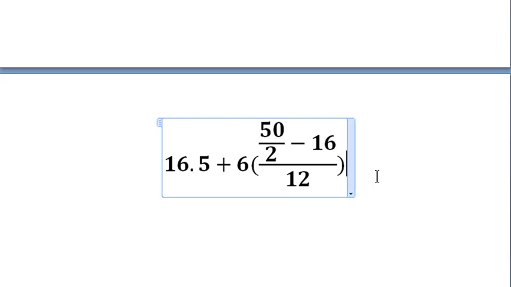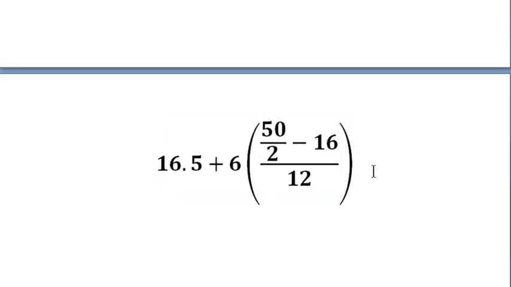So this is exactly what we have. Then this will run down to 16.5 plus 6. Then we open the bracket again. 50 divided by 2 will give us 25, minus 16, then you close the bracket. Let's put our fraction first.